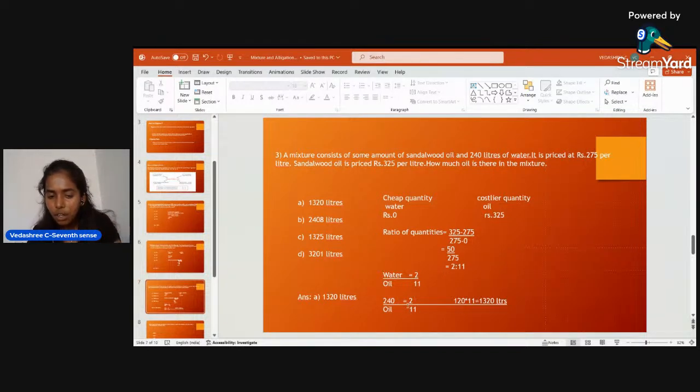So we are dividing 240 by 2. 2 ones are 2 and 2 120s are 240. The remaining is 1, and 1 into oil is nothing but oil. Sorry, 1 into oil is oil. Understood?